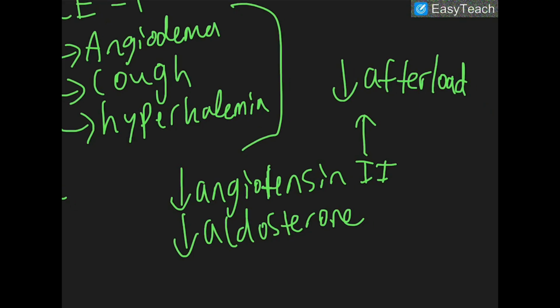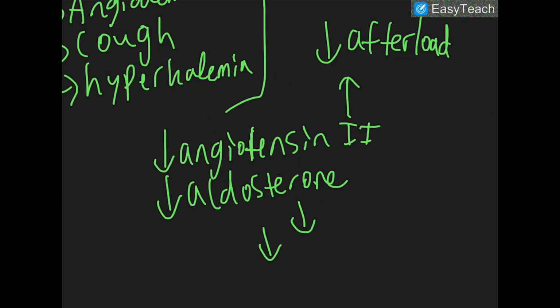If you decrease aldosterone, you decrease sodium and water retention, which means you decrease preload, which means you decrease the left ventricular wall tension, stress, and pressure, which means you decrease myocardial oxygen demand, which is also good for heart failure patients. So we just need another alternative that can decrease preload and decrease afterload, to have similar effects to ACE inhibitors.